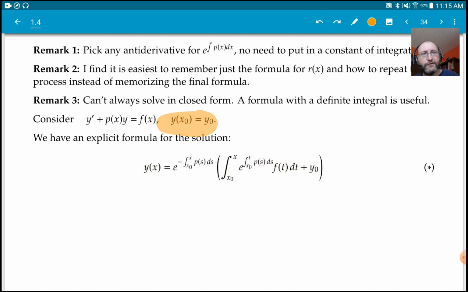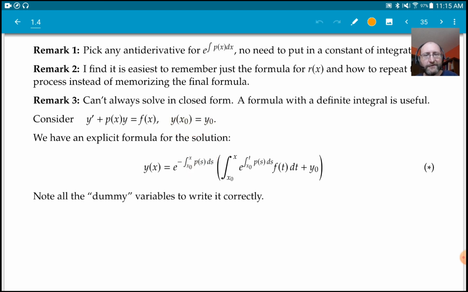Let me undo some of these highlights. For the p's, we'll do this integral just from x naught to x. Now, you have to notice that there are all these dummy variables in there, because you can't just put x's in everywhere, since that would get confusing.